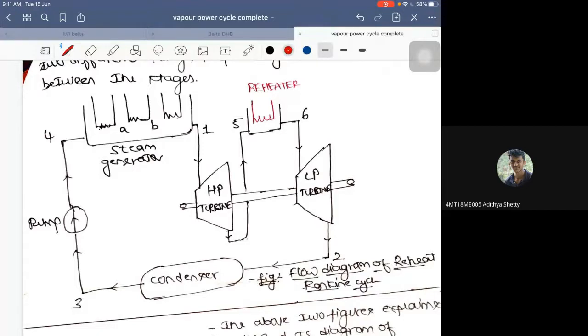So today we'll be discussing reheating. Reheating is very easy. You already learned it in the Brayton cycle; a similar application applies in the Rankine cycle. Intercooler is something you incorporate between two compressors. Do you have a compressor in a Rankine cycle or a steam turbine?